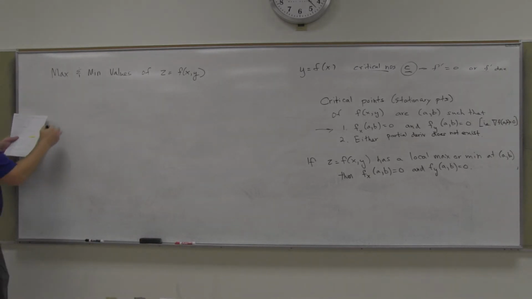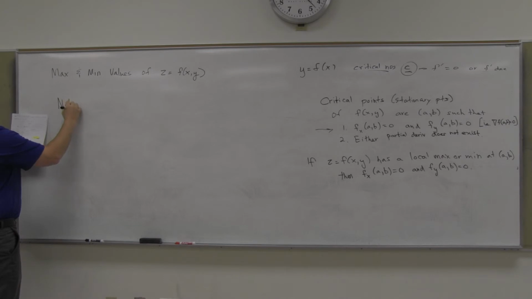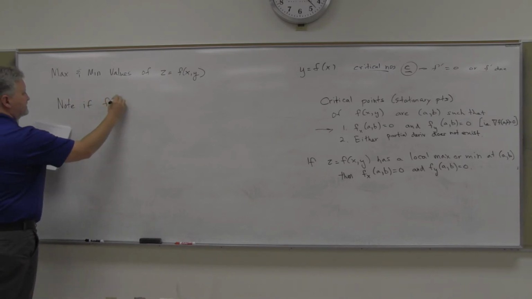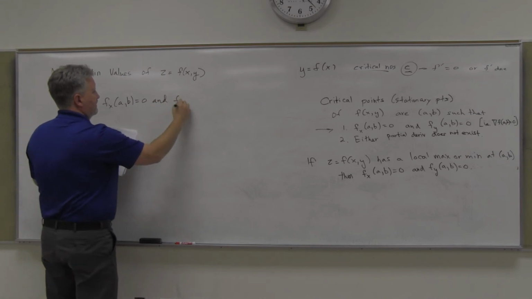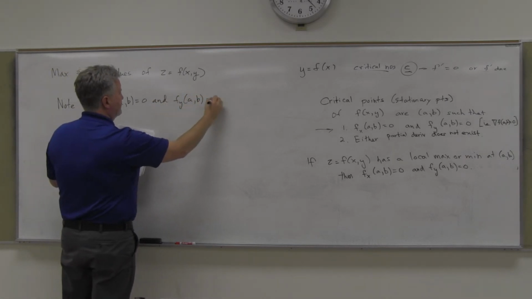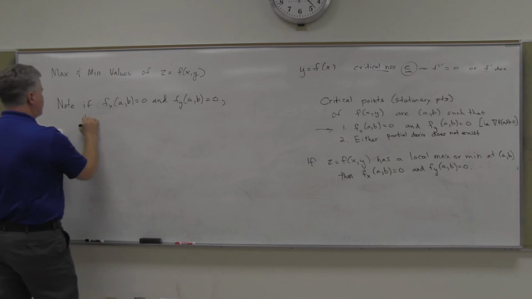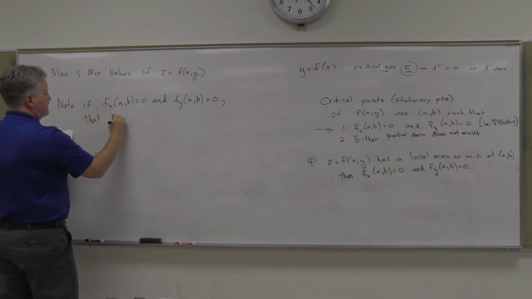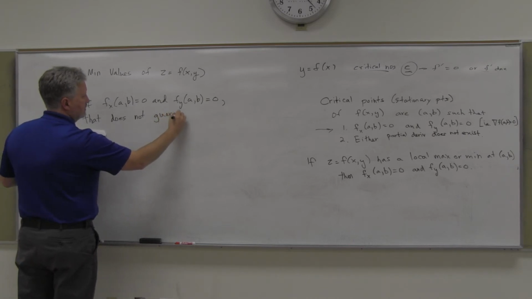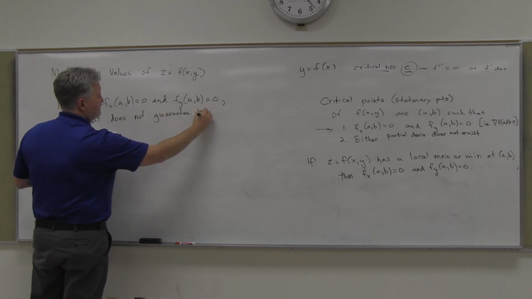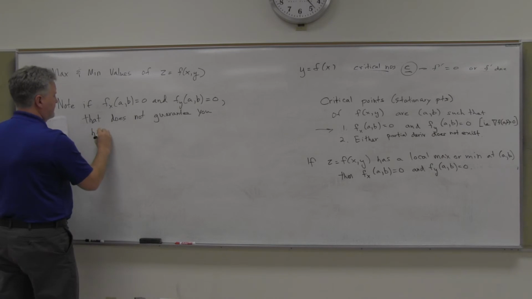So note if f_x(a, b) equals 0 and the partial with respect to y at (a, b) equals 0, that doesn't guarantee you have a local maximum.